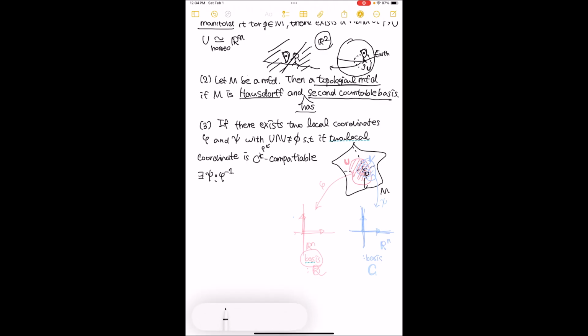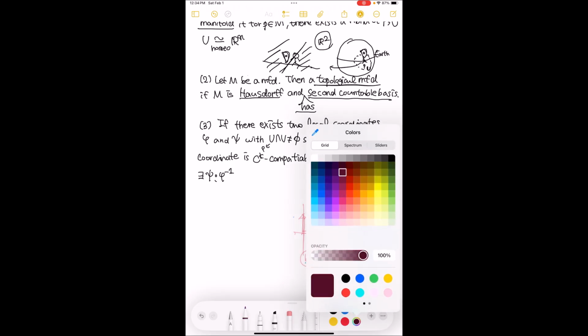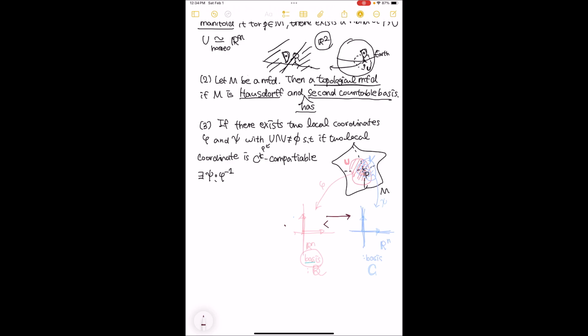Compatible means that these two relations are well defined here and here. That is a composition: if we go to here, and go there, and reversely we can think about the other direction.